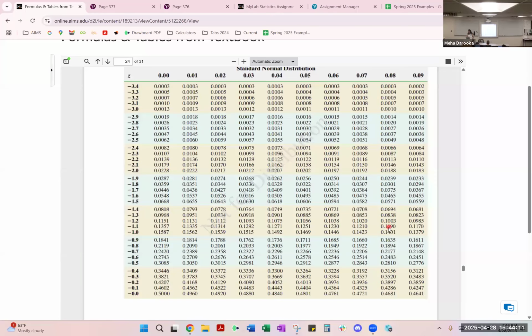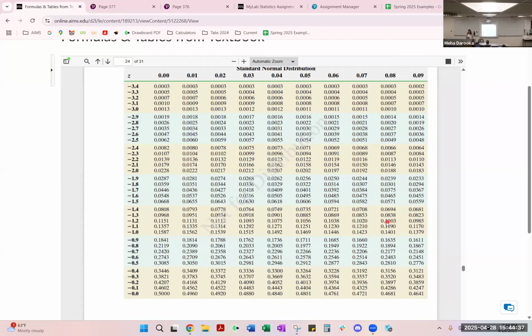Okay, there we go. So you can see right here, we've got 0.1003 and we've got 0.0985. So out of these two numbers, which one is closer to 0.10? Yeah, because that is only 3 units away, whereas the other one is 15 units away, if you think of that as being in 1,000.